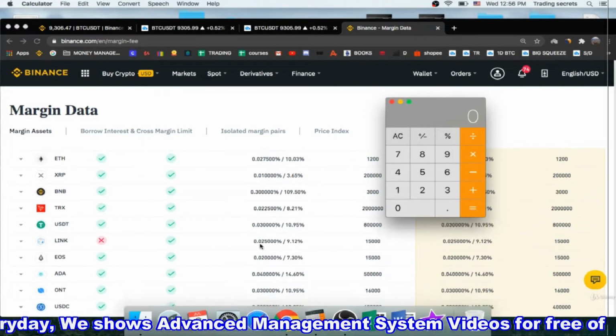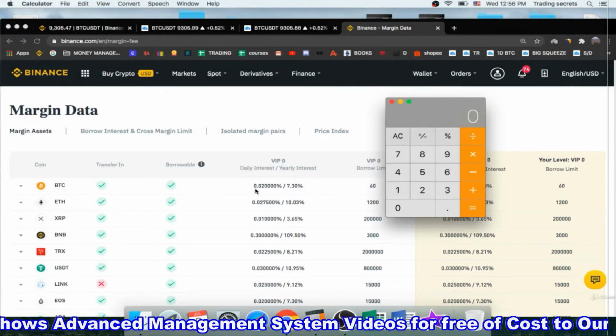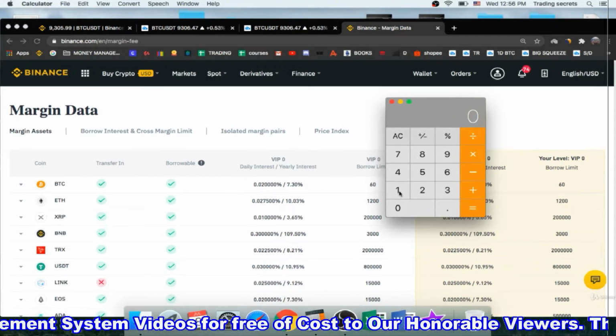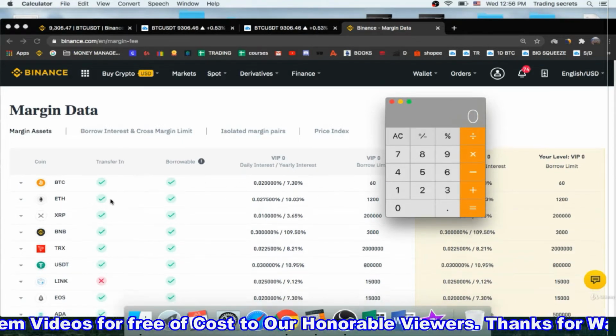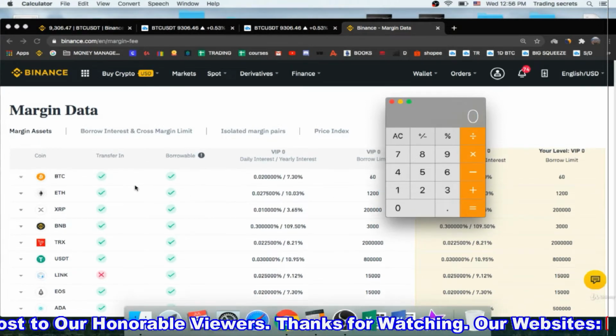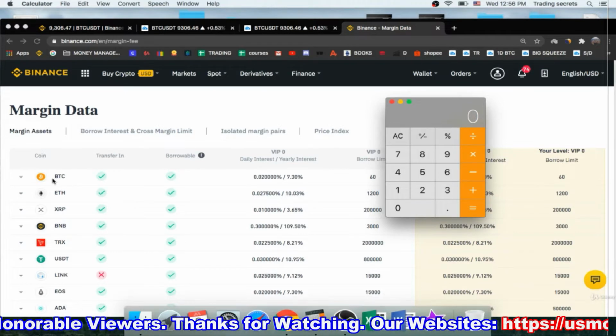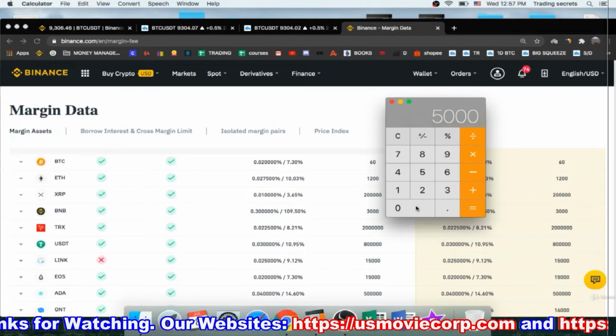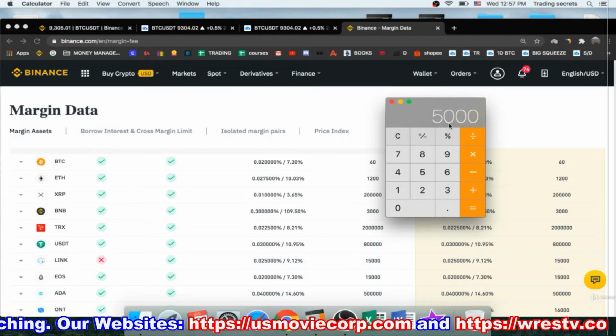So let me show you how to calculate on something else if you want. It's actually the same, right? If you borrow Bitcoin, of course the fees will be in the pair that you bought. So if you borrow Bitcoin for $5,000, I will still calculate it in dollars.